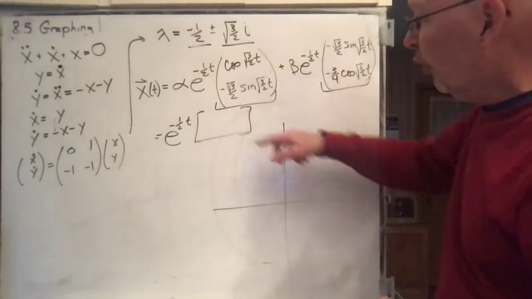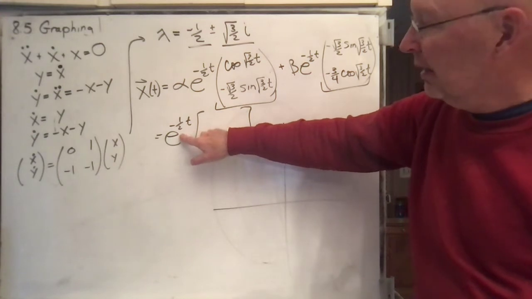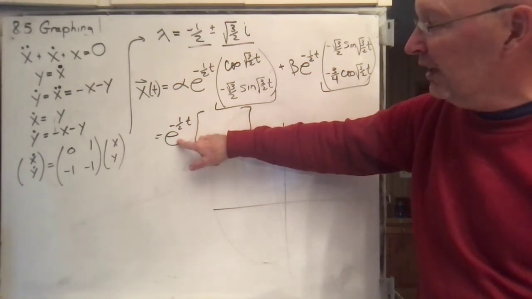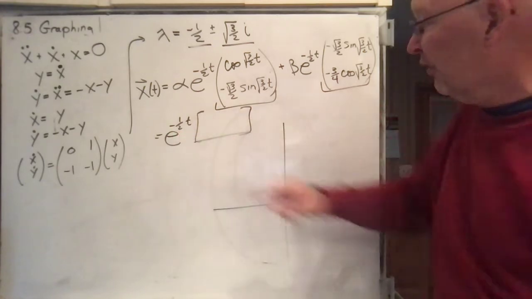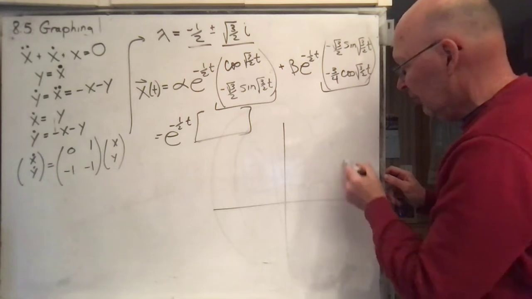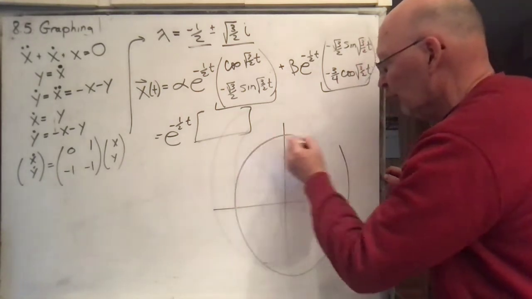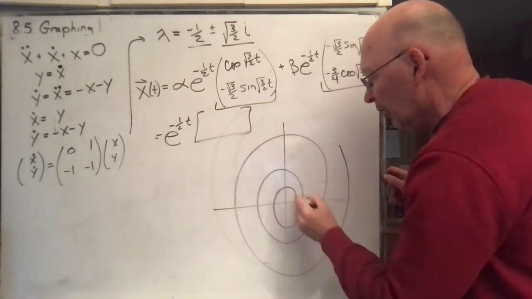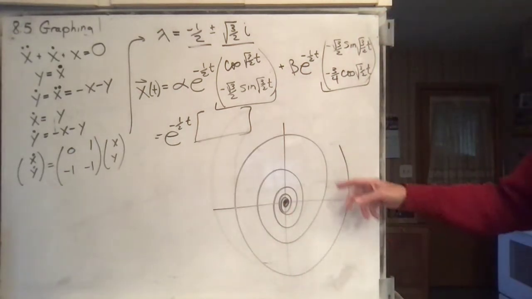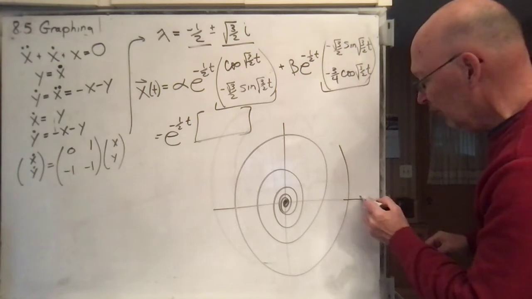But now, as you go around that ellipse, everything is being multiplied by this thing, which as t goes to infinity is going to be getting smaller and smaller and smaller. So instead of being an ellipse that comes back to itself, it's going to be an ellipse which, as it goes around, keeps getting smaller and smaller, like that. And that's exactly, think again, realize what's happening.